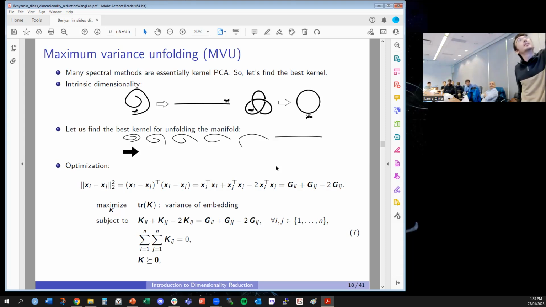If you put the ant on the manifold, the ant is so small that it doesn't see the whole structure, only what is in front of it. It goes, and at the end it reaches the end of the manifold. So it sees the manifold as a line, right? It starts and it ends. It's a line. So the intrinsic dimensionality of this is 1D.